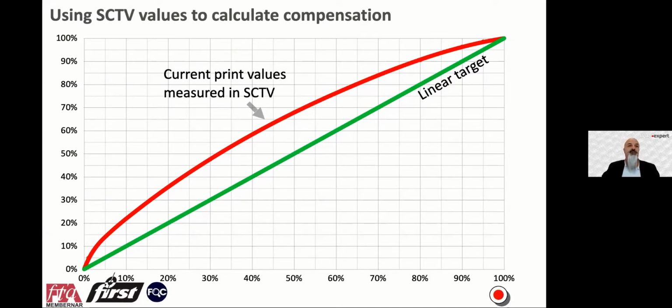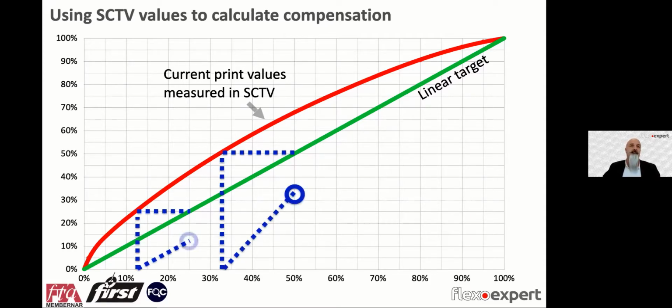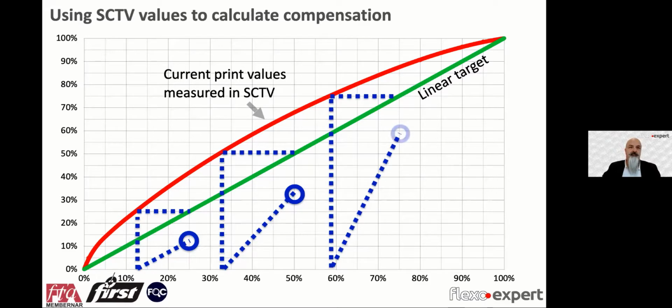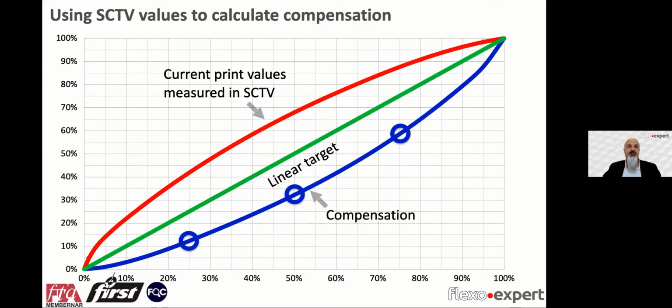So 50% was supposed to print 50, but in this case it printed 68. What value printed 50? Something like 33? Great. Let's compensate 50 down to 33. And then we can do the same for other tone values like 25, 75, and we can build our complete compensation curve with all the values that we need.